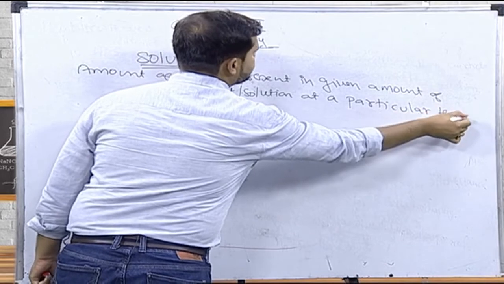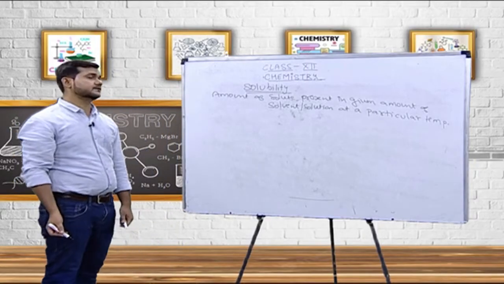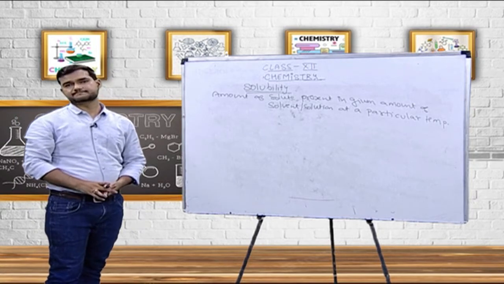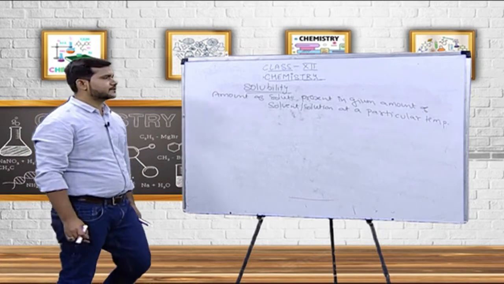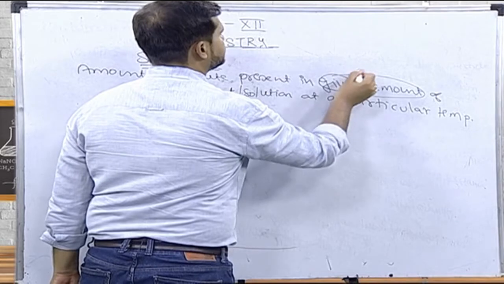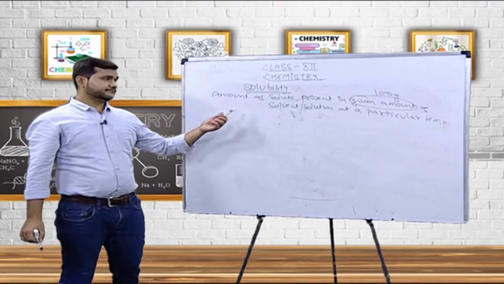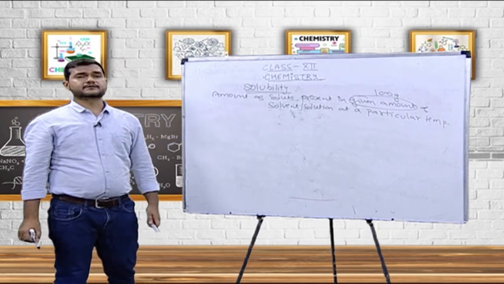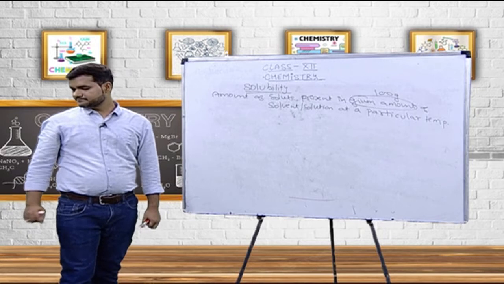Because if we change temperature, then the solubility will change, either it will increase or decrease. Okay, so the amount of solute that can be dissolved in or present in a given amount, or we can write it as 100 gram of solvent or solution at a particular temperature.